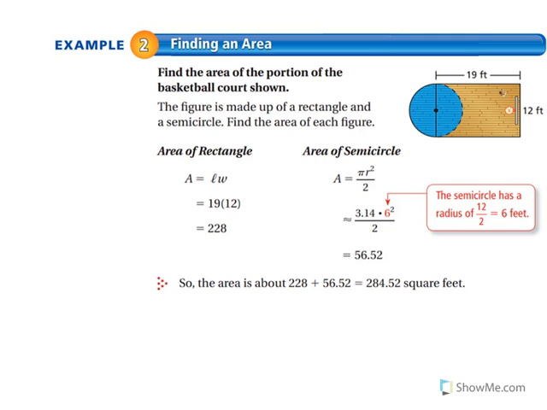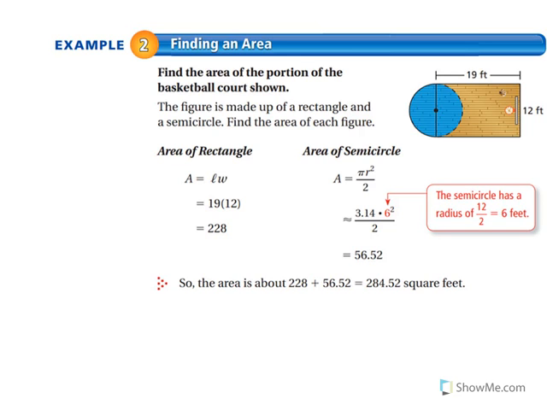Now, we have a basketball court here, right? The area where we have the paint, as it's called, and the free throw line, and the semicircle leads out to the 3-point line, which is directly behind the free throw line. It says, find the area of the portion of the basketball court shown.